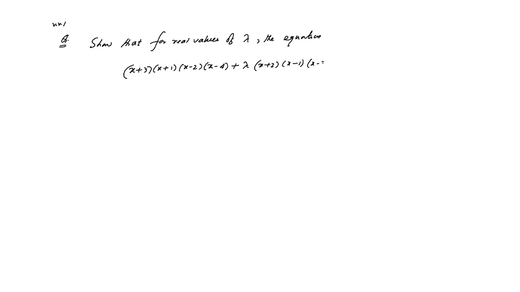Show that for real values of lambda, the equation (x+3)(x+1)(x-2)(x-4) plus lambda into (x+2)(x-1)(x-3) equals 0 has all its roots real and simple.